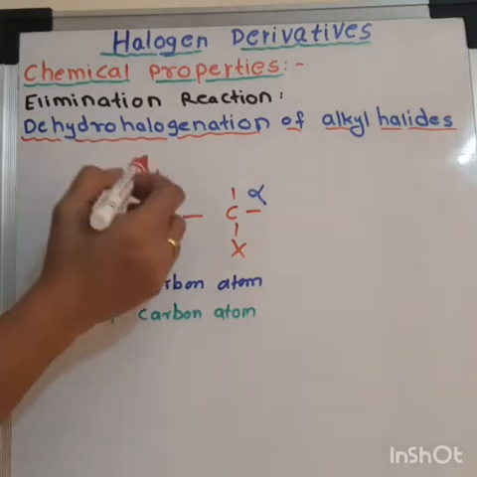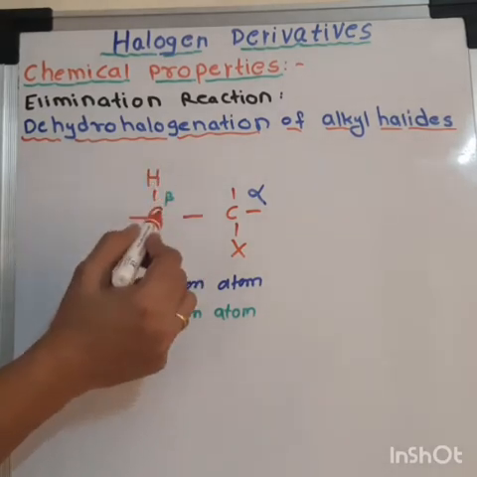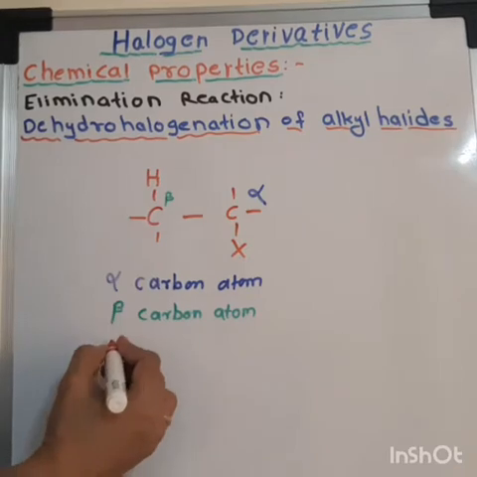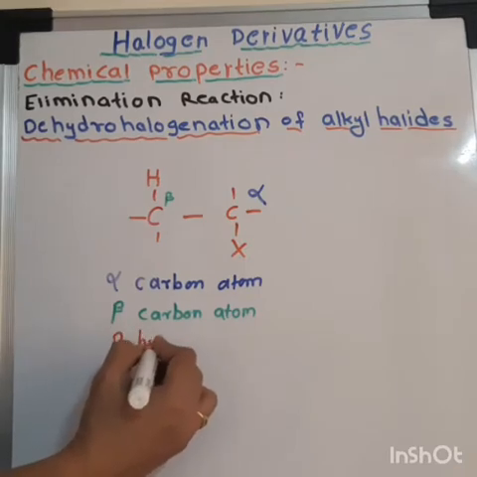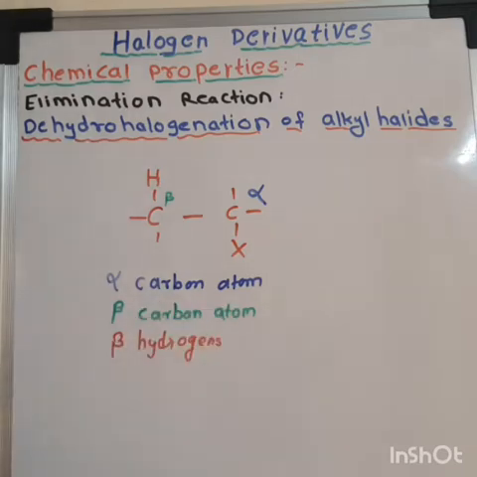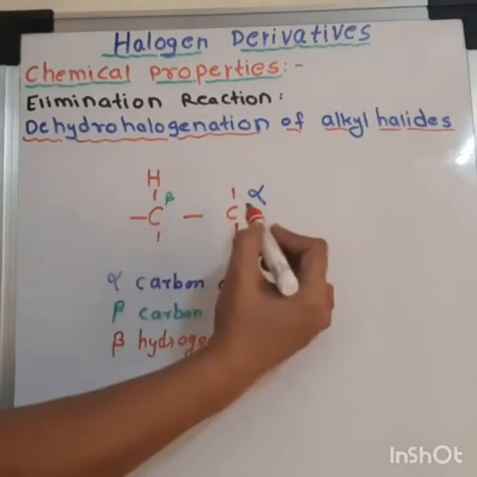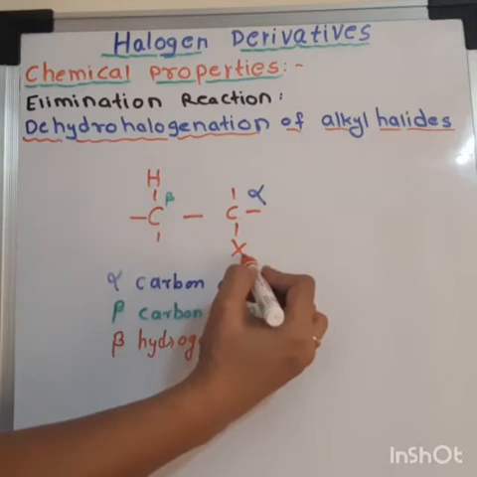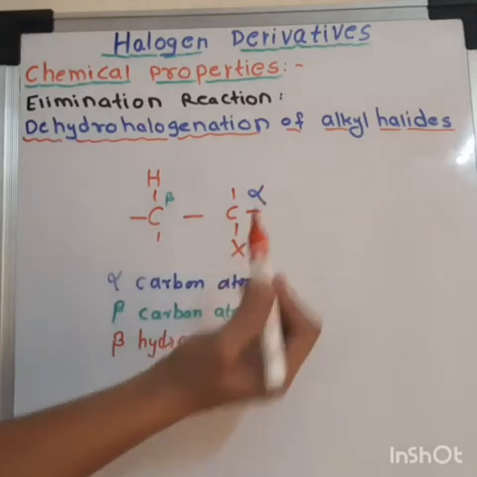And the hydrogens which are attached to the beta carbon atom are called beta hydrogens. Understood? So, the carbon atom bearing the halogen atom is known as the alpha carbon atom.